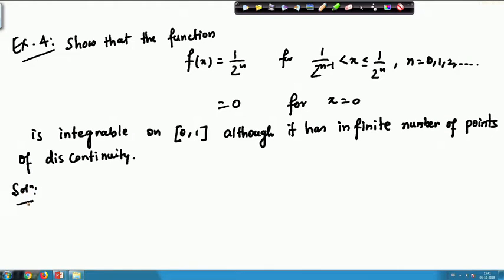So, here the problem states that if you have a function f(x) given in this fashion, then we have to show that it is Riemann integrable, although it has infinite number of points of discontinuity.